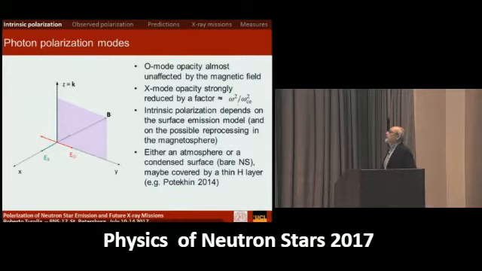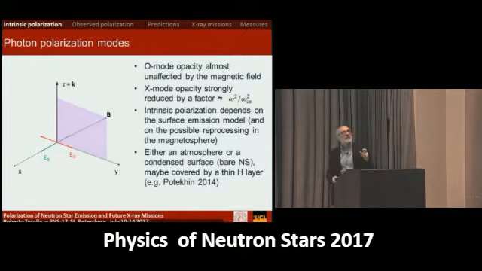The extraordinary photon has the electric field which oscillates perpendicular to the plane made by k and B, while the ordinary photon oscillates in the plane made by the propagation vector and the local value of the magnetic field.